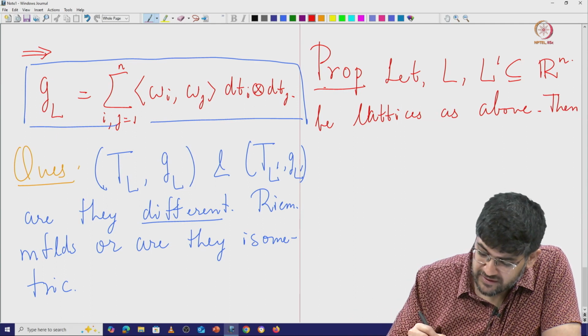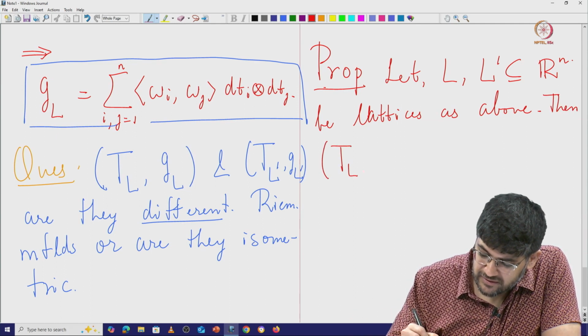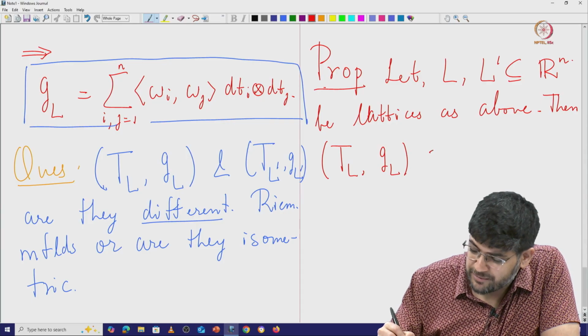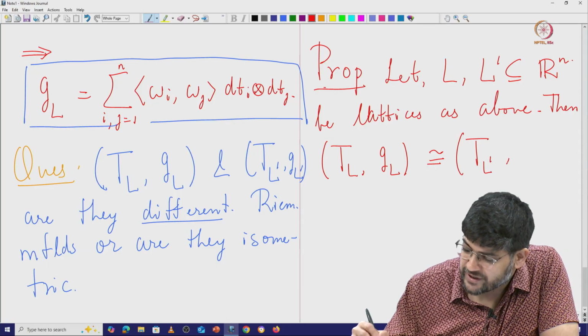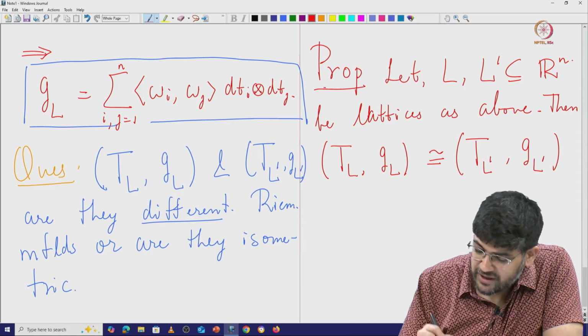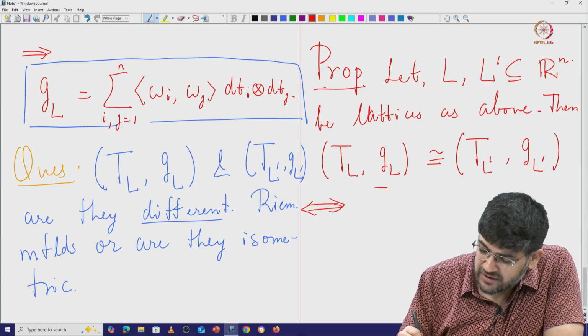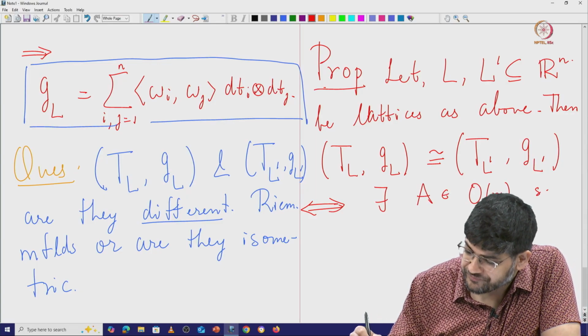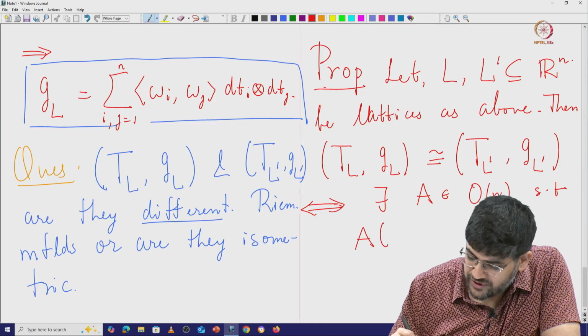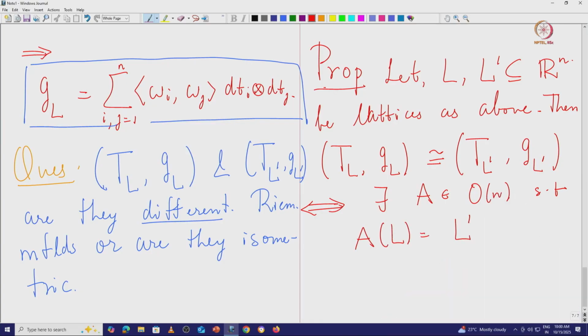Then the Riemannian manifold TL with GL is isometric to the Riemannian manifold TL prime with GL prime if and only if there exists an orthogonal matrix which takes one lattice to the other.